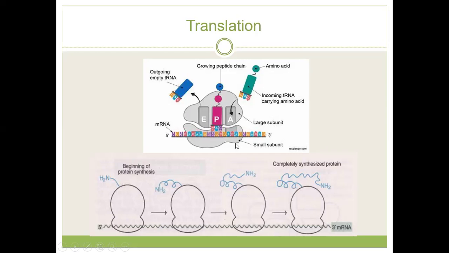Attached to this messenger RNA is transfer RNA. Transfer RNA brings an amino acid, so you can see the transfer RNA attaching an amino acid. It will come and bind and then transfer the amino acid through the formation of a peptide bond.